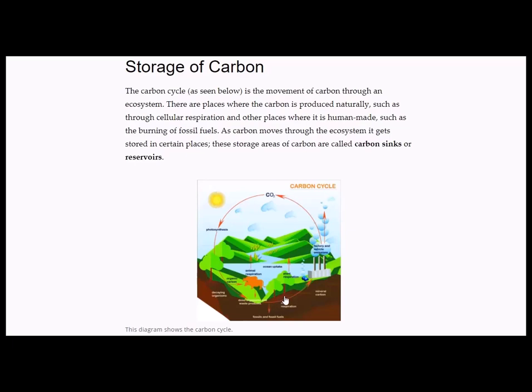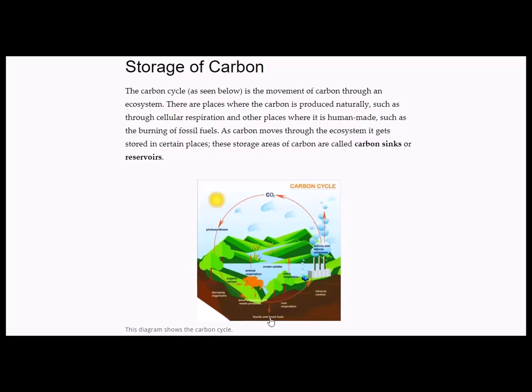Now, for the purposes of this lesson, we're going to talk about the two ways it goes from being underground to being back above ground. And this is in the case where it gets buried deep, deep underground in a natural fossil fuel deposit. So, naturally, the only way that that carbon can make its way back above the ground is through a volcanic eruption or a natural geological formation.